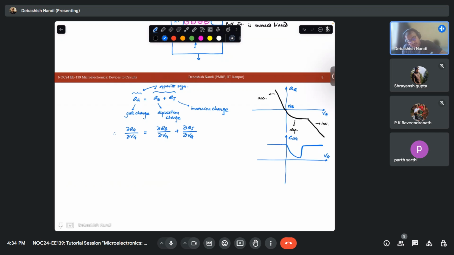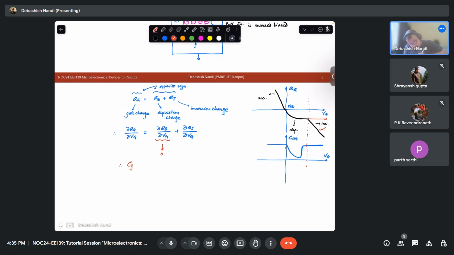So in saturation region or in strong inversion, let's say, first we'll discuss strong inversion, then we'll go to saturation. So in strong inversion region, your QB doesn't change with VG. It almost goes to zero. Yes, sir. Majority contributor is your inversion charge. Yes, sir.